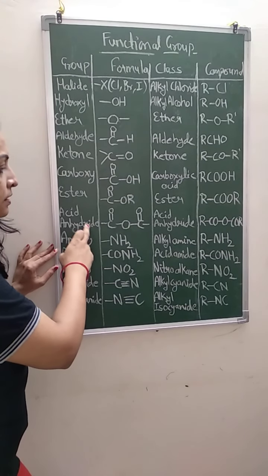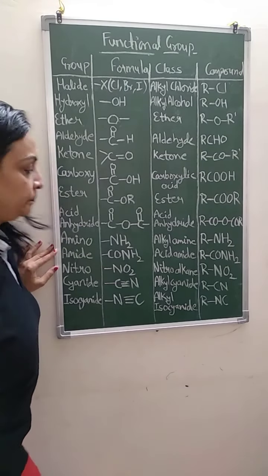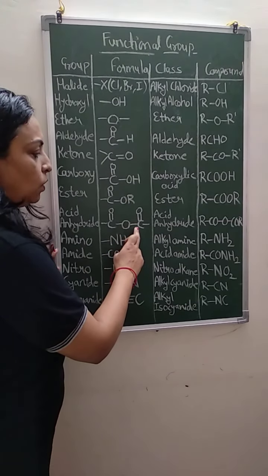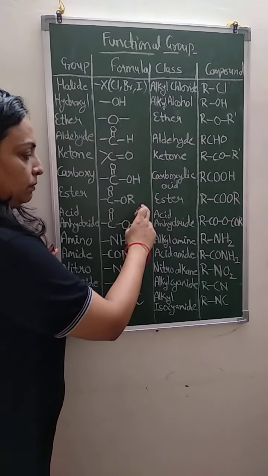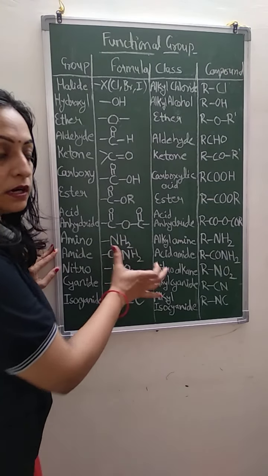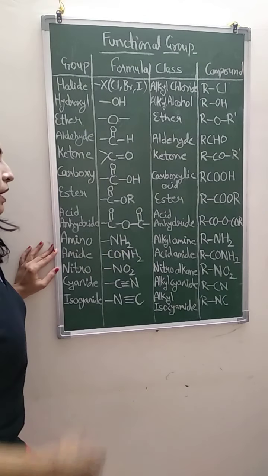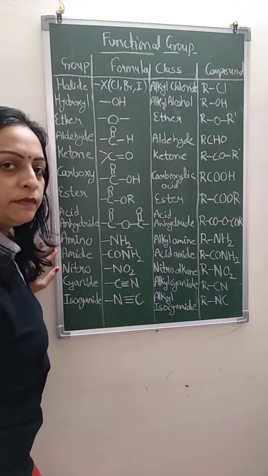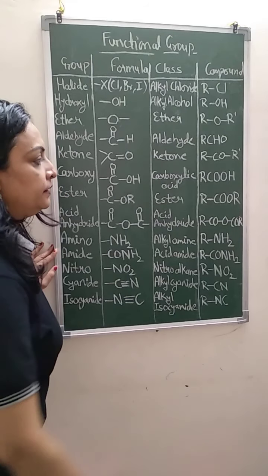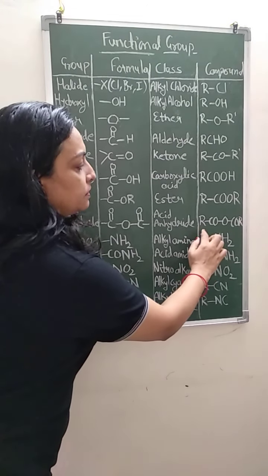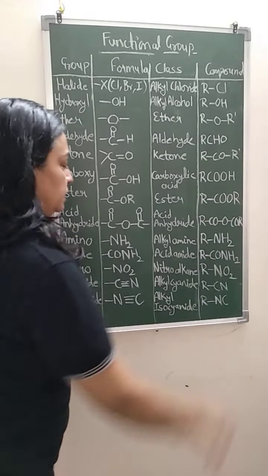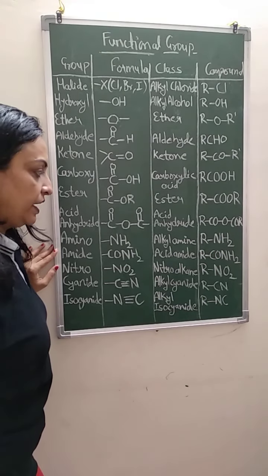Acid anhydride is represented by a vacant position, C double bond O, then attached to oxygen, along with carbon double bond O, then a vacant position. This acid anhydride comes in the middle and on both positions it attaches to some radical. So this forms the class acid anhydride and the compound formula is represented by RCOOCOR. This class is called acid anhydride.